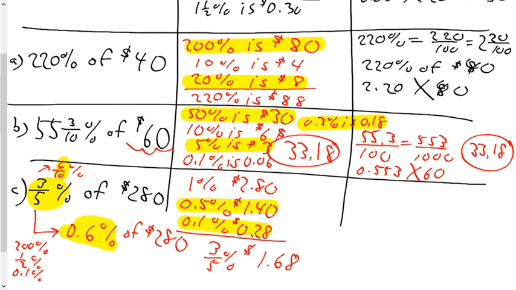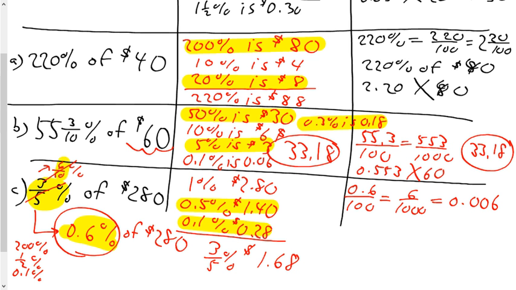Now, here's the confusing part. I can't use this one, and I can't use this one if I'm going to make it into a decimal. But I can use this one, because 0.6% is 0.6 of 100, because all percentages are fractions out of 100. As an equivalent fraction with no decimal, it's 6 over 1000, which is 0.006. So when we think about what 0.6% looks like as a decimal, it's 0.006.